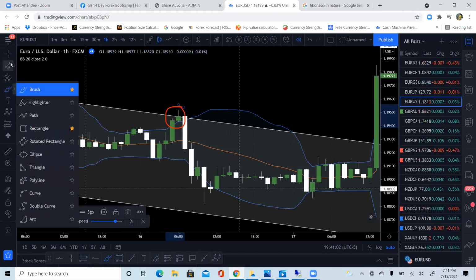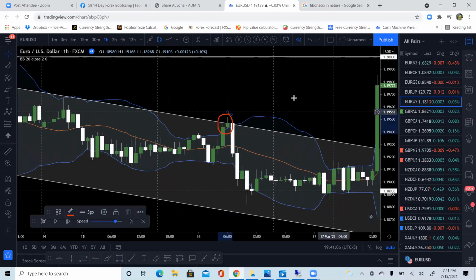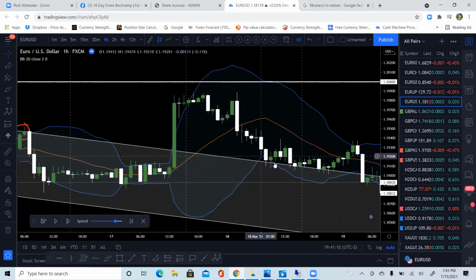Let's zoom out a little bit. Okay. Look here. This was a small trade, but still a profitable trade. You have a breakout and your retest of the channel, but it's also the lower Bollinger Band. You would have been able to catch some pips there.